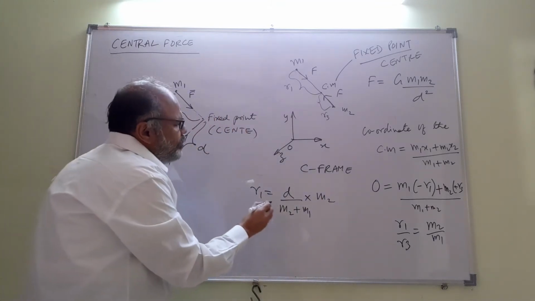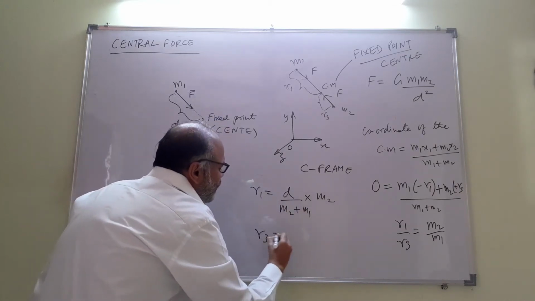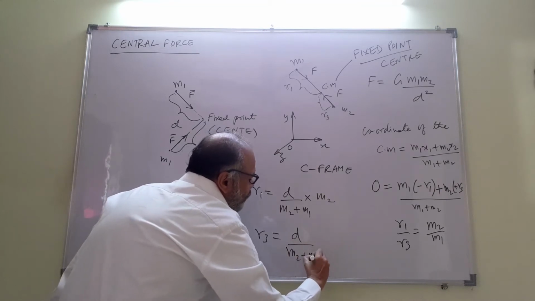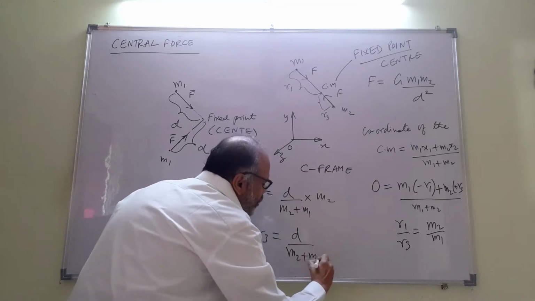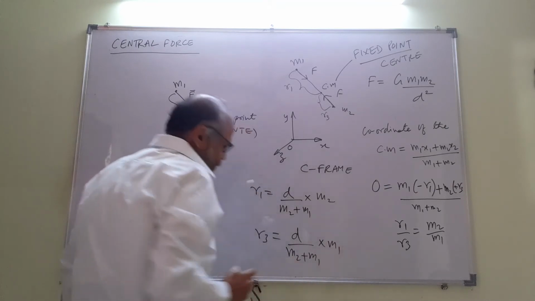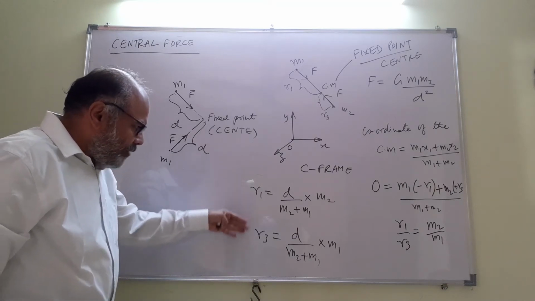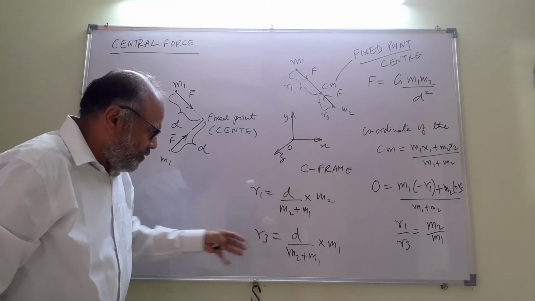So r1 would be d by m2 plus m1 into m2. Similarly, r3 would be d by m2 plus m1 into m1. If you add these two, r1 plus r3 will give you d.